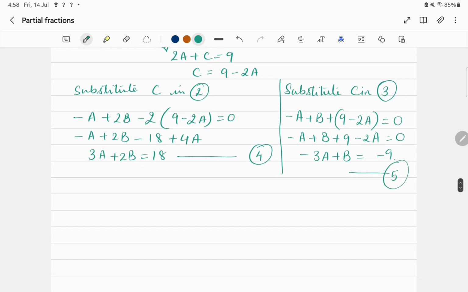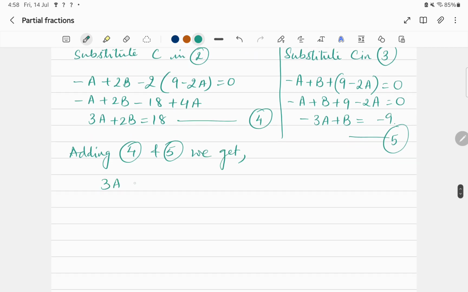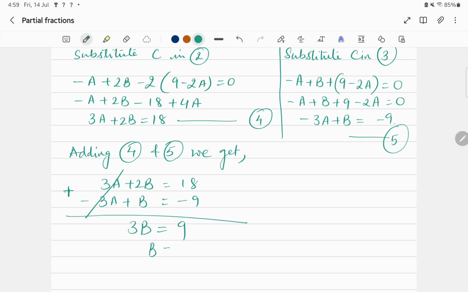Now equations 4 and 5, we can add: 3a plus 2b and minus 3a plus b, so 18 minus 9. 3a minus 3a is 0, which gives us 3b is equal to 9, so b is equal to 3.